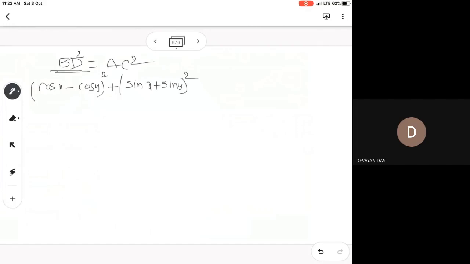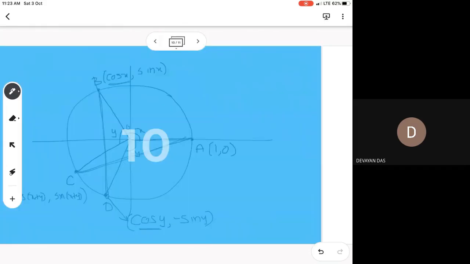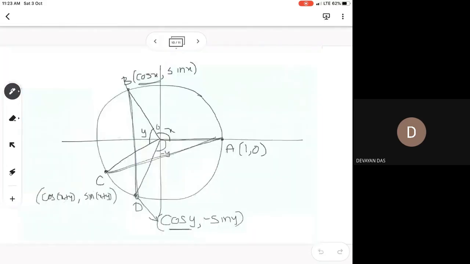This is BD square, and it is equal to AC square. Cos(x plus y) is x2, so (x2 minus x1) whole square plus (y2 minus y1) whole square.